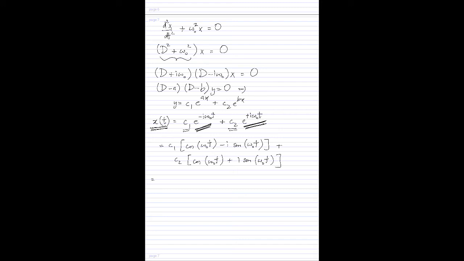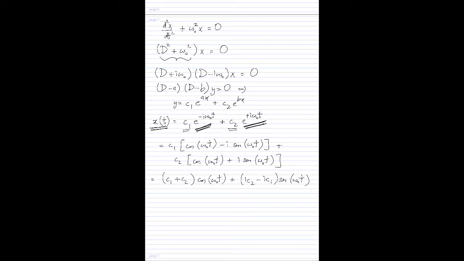Let me just group terms now. So I have (c1 plus c2) cosine of omega naught t plus you have (i c2 minus i c1) sine of omega naught t.